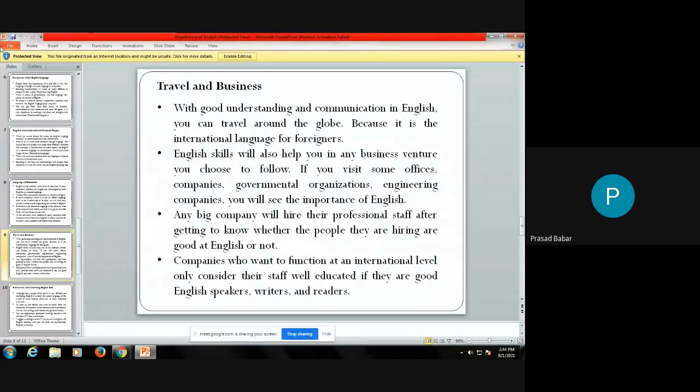If you want to make your career in IT industries, core industries, or mechanical companies, you will find that you need to prove you are good enough in the English language.